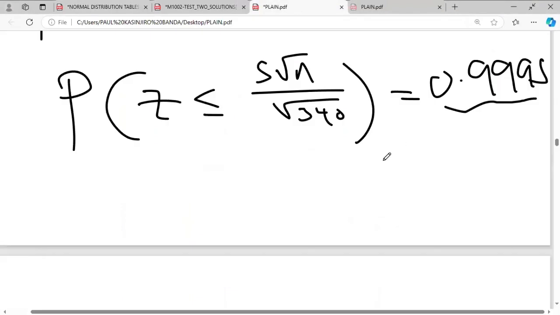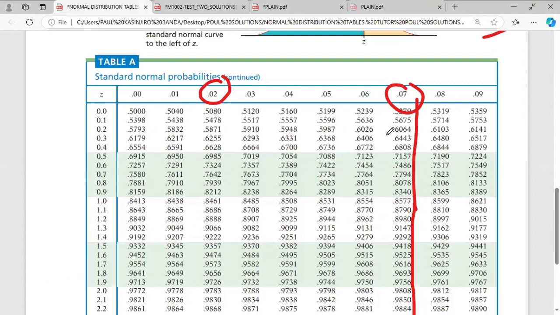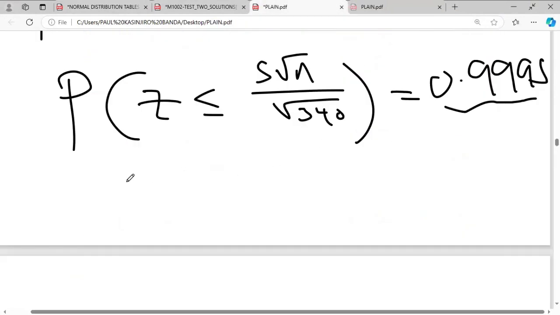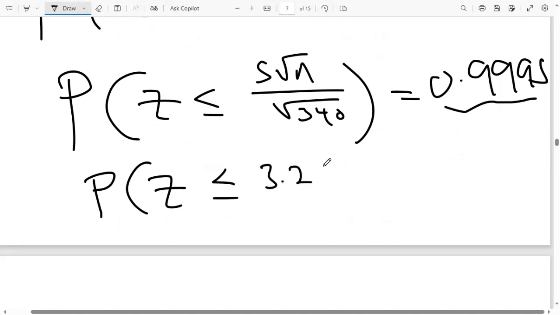Okay, so it means our z-score here, the value that should be here for us to find this probability, is 0.7 plus 0.2, so this here should have been z less than 3.27, and then this should give you this probability here.